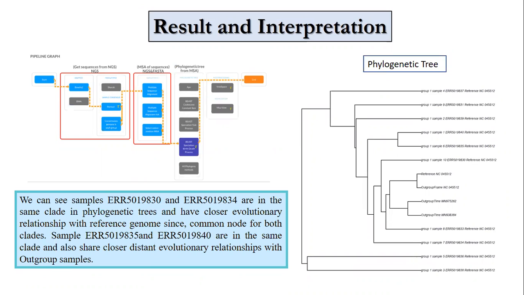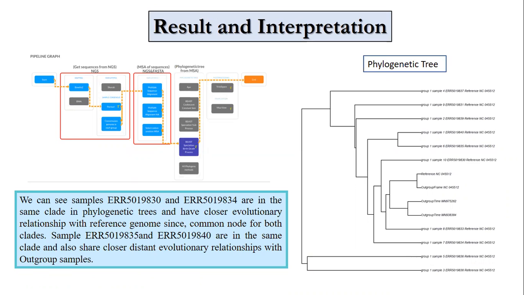I got wastewater samples from the US and UK, which were taken as control, and I have taken the reference sequence as the severe acute respiratory syndrome coronavirus isolate from Wuhan. The pipeline graph shown in this slide was performed for phylogenetic tree analysis, and the result I got is this tree.